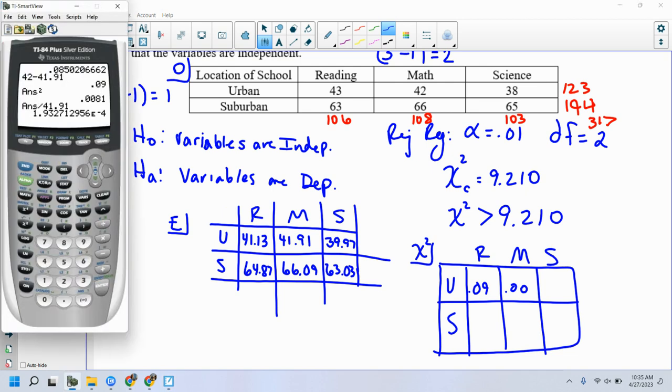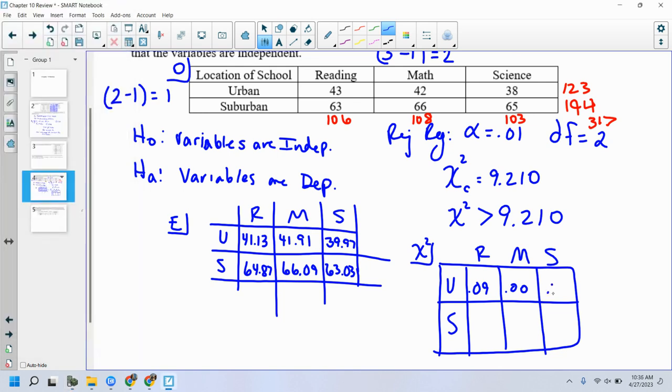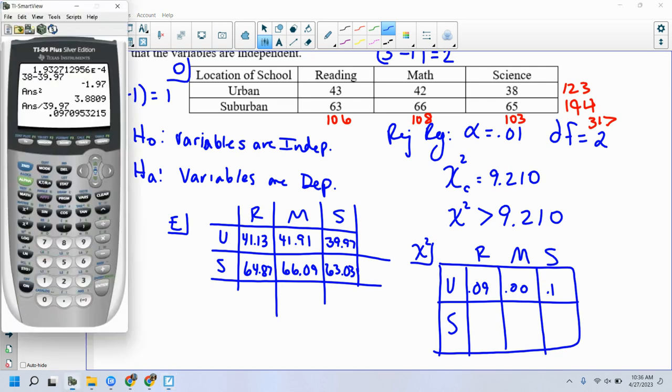So we've got 38 minus 39.97 squared divided by 39.97. Oh no, 0.1. Oh geez, that's a giant number. We're way closer than that.